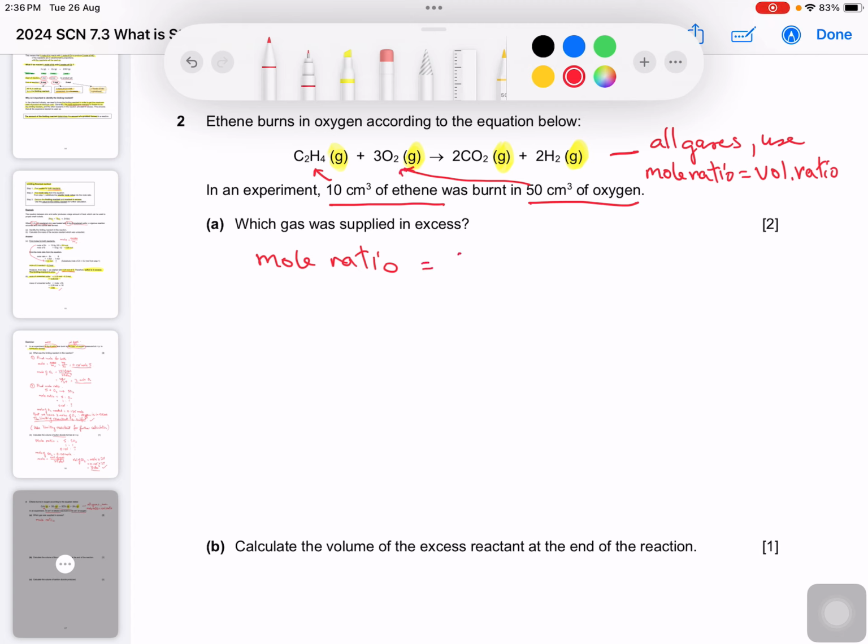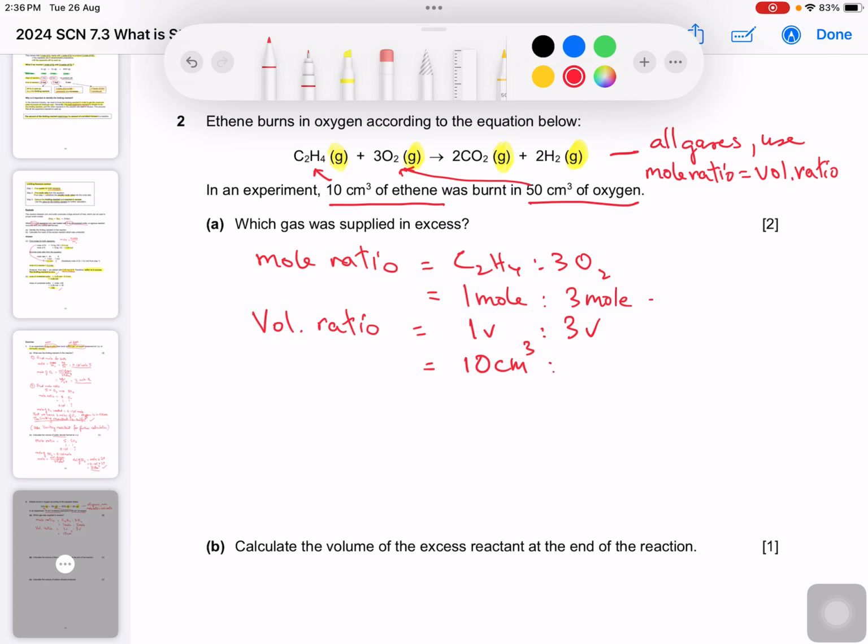So it will be C2H4 is to 3O2, 1 mole is to 3 mole. Then mole ratio equals volume ratio. That means this is 1V is to 3V. So how much ethene is there? Ethene is 10 cm³. Therefore, oxygen should only be 30 cm³.